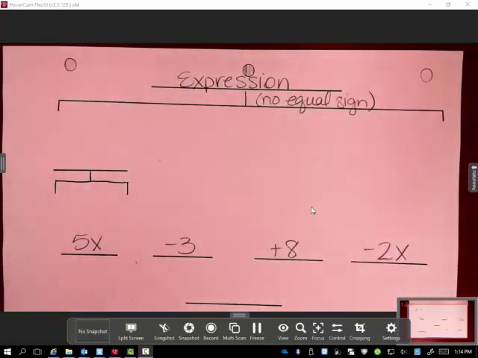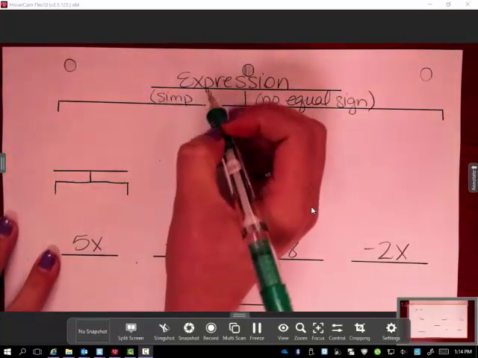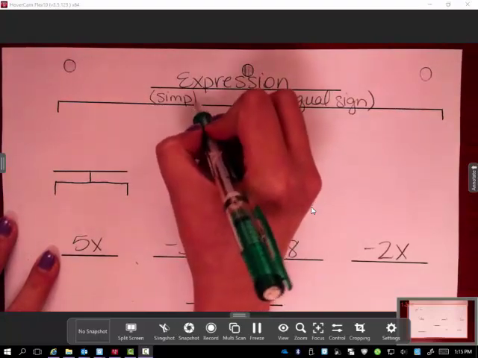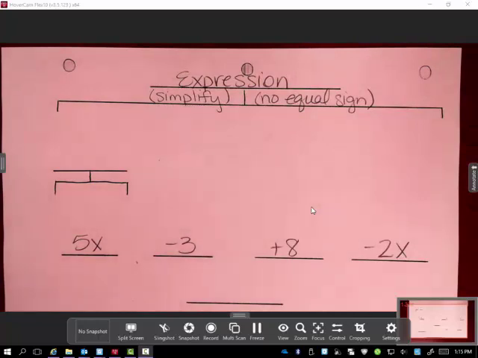So if I were to give you an expression, would the directions say solve or simplify? Simplify. And why is it not solve? Because there is no equal sign. Okay?